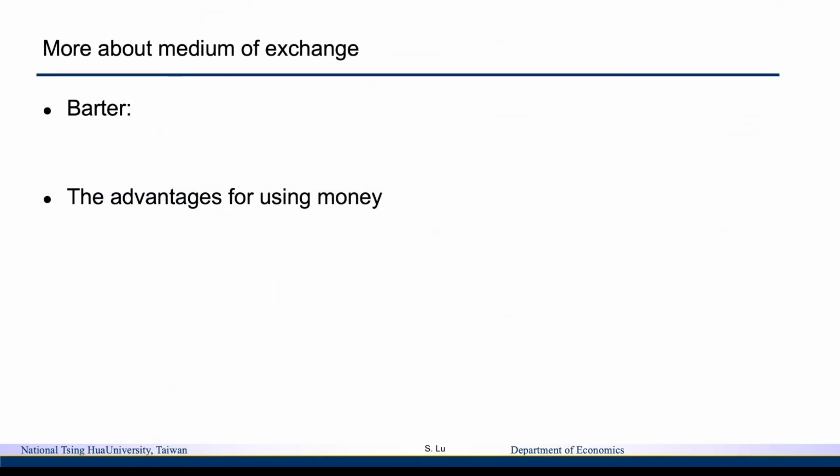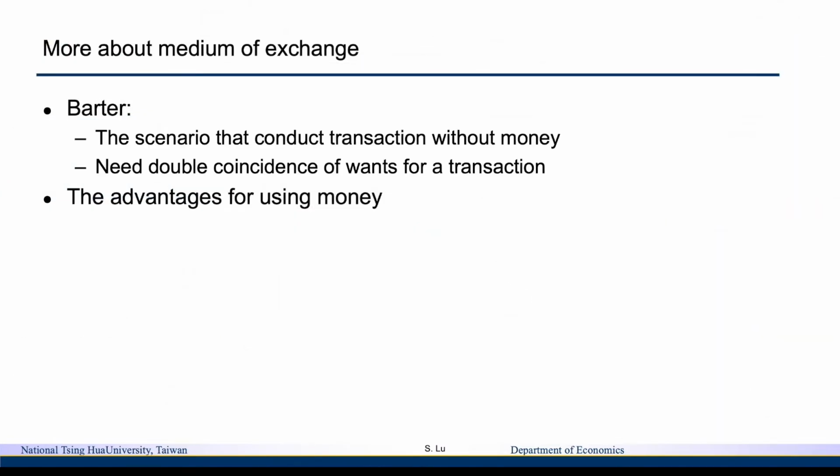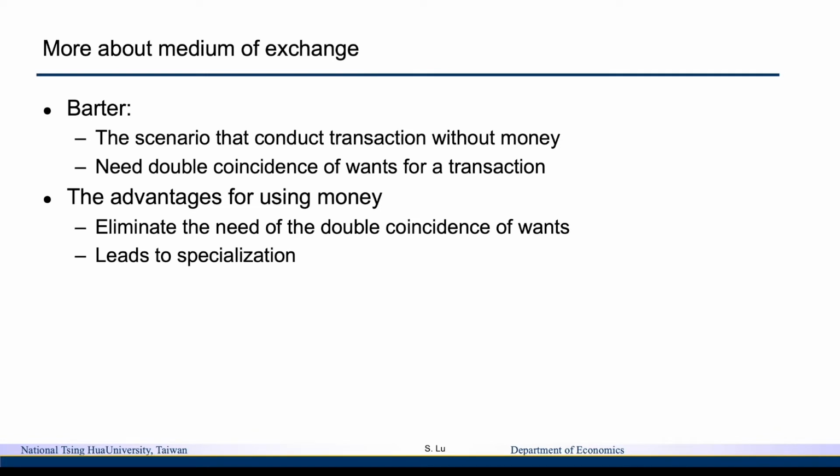Therefore, we say that an economy that is conducting transactions without money is a barter system. Under the barter system, it needs the double coincidence of wants for a transaction. The use of money is that it can eliminate the need for the double coincidence of wants when conducting a transaction, and therefore it can lead to specialization.